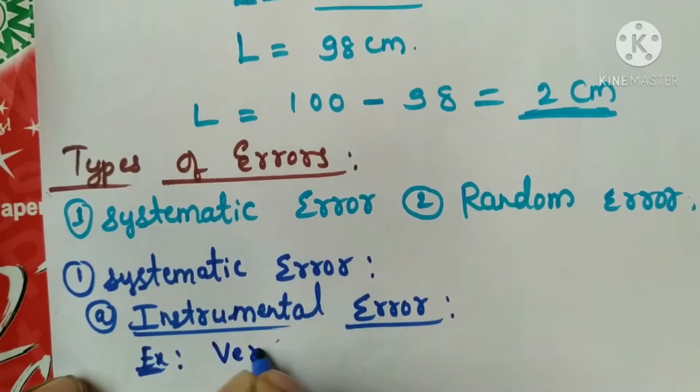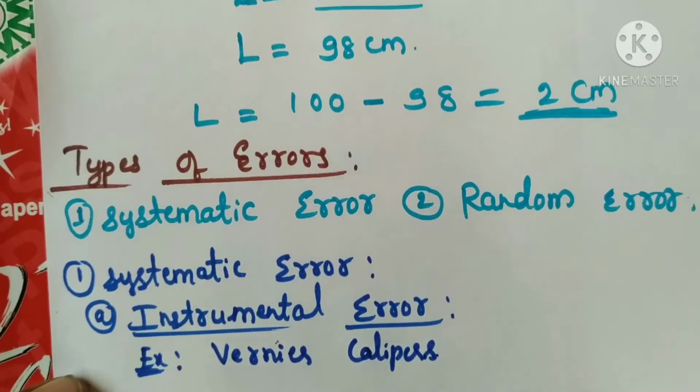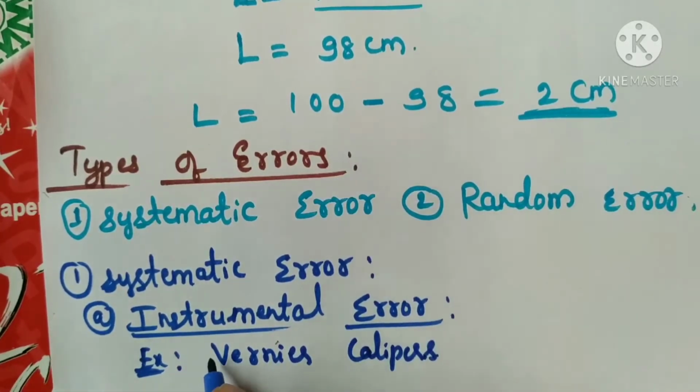For example, in the previous class I discussed vernier calipers. Of course, in a regular lab we'll study vernier calipers in detail. This instrument has two scales: the vernier scale and the main scale.